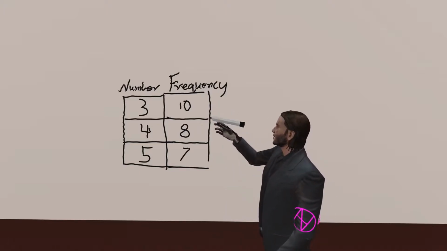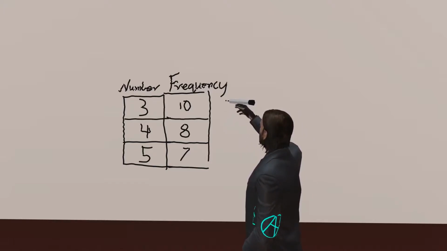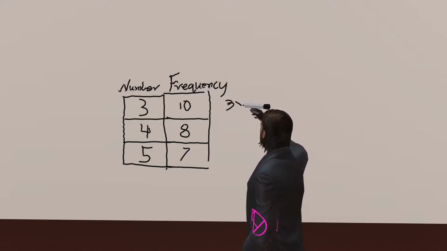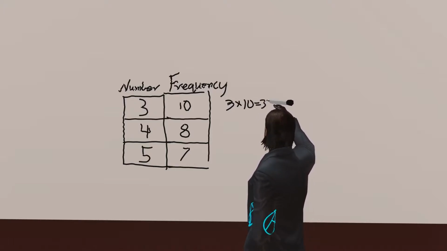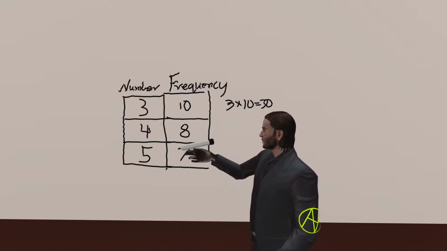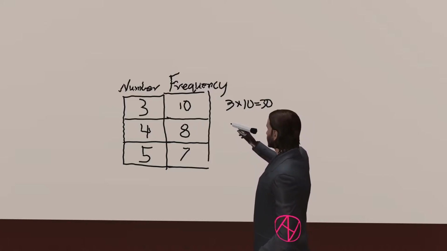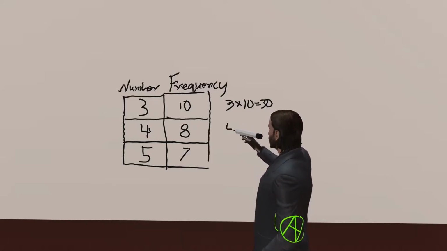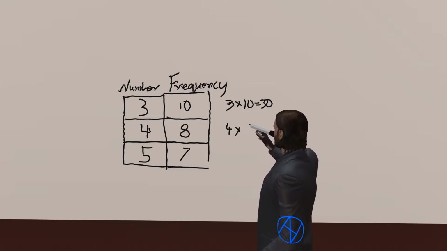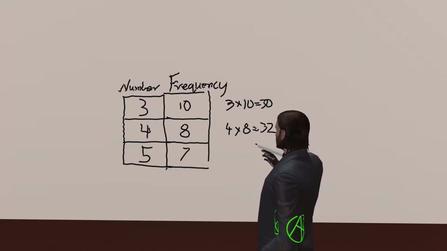So in this part here, if we were to add up all the numbers, we would have 3 times 10, which is equal to 30. Here we have 8 fours. So if we add all these up, we're going to go 4 times 8 is 32.